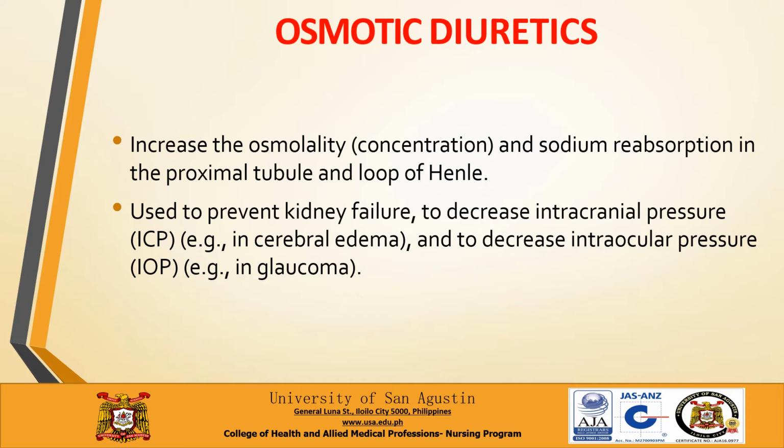And then another type of diuretic is your osmotic diuretic, guys. It's the only type of diuretic that passes through the blood-brain barrier. That's why it's used to prevent cerebral edema, especially intracranial pressure. It is also used to decrease intraocular pressure.